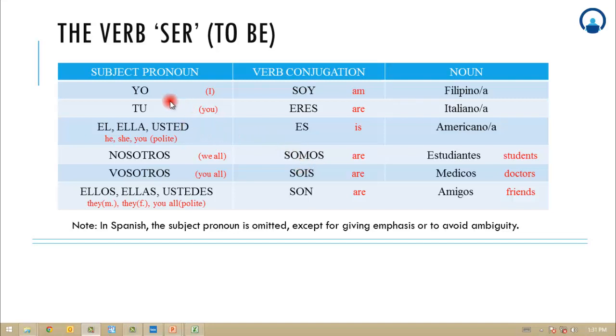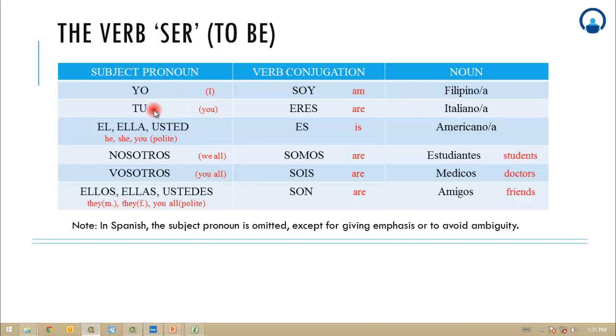So let's start with what it means. Subject pronoun yo. Yo means I. It has got the conjugation soy, that means am, and we have got a noun, for example Filipino. So if we combine them together, we have a sentence, yo soy Filipino, that means I am Filipino.